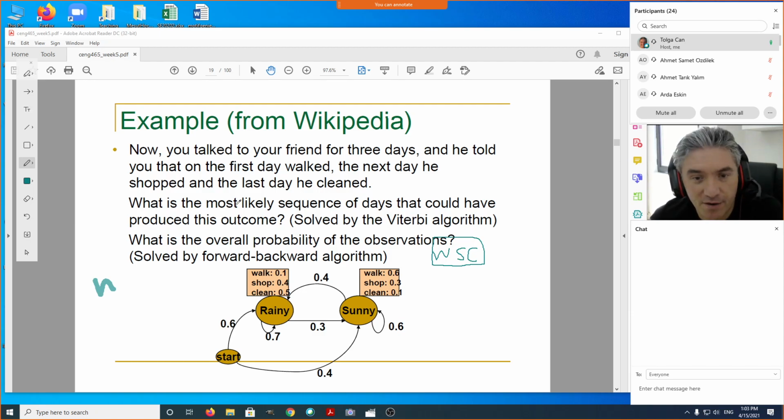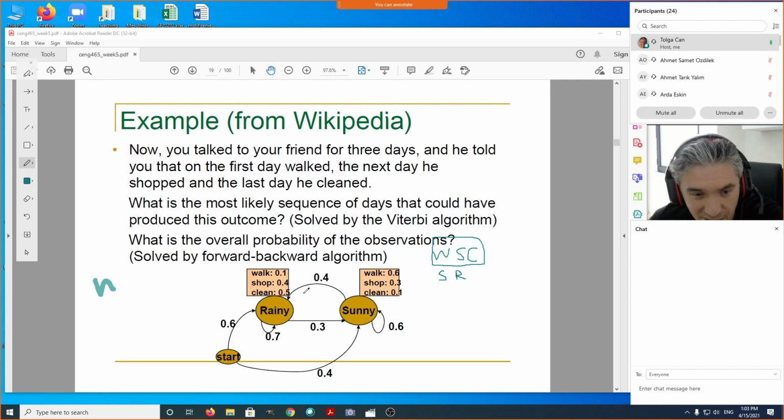Now the question that we ask is, what is the most likely sequence of days that could have produced this outcome? So you may start that, oh, walking on the first day has a higher chance in sunny, so this may be a sunny day, and then shopping has the highest probability on a rainy day.